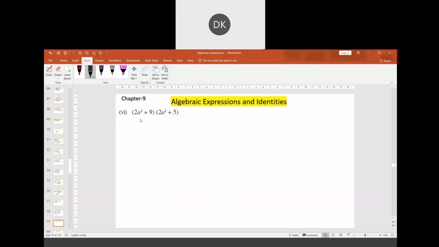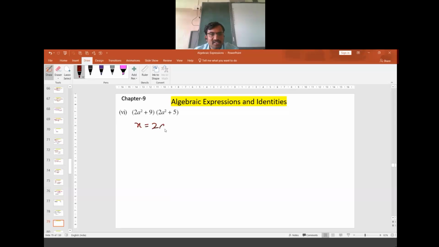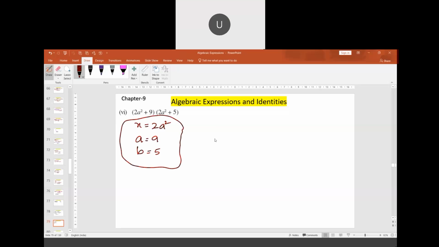Again, we have to use the same identity. In this case, x value is 2a square, a value is 9, b value is 5. x square becomes 4a raised to the power 4. a plus b times x will be 28a square.